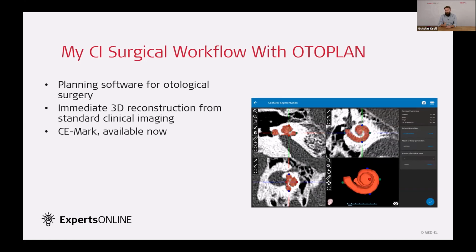It uses standard clinical imaging to immediately create really detailed 3D models of each patient's anatomy that you can explore and swipe through. You can get detailed measurements of the cochlea. There's a lot of exciting stuff, more than we could ever cover in an hour. And it's CE marked, so it's available in a lot of countries now.